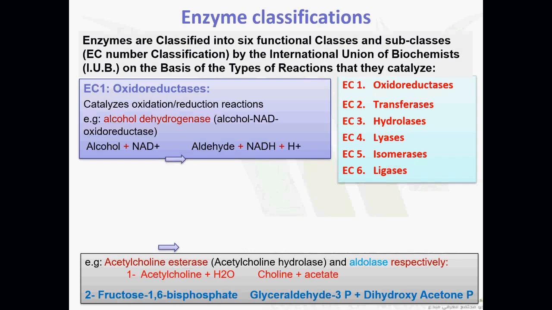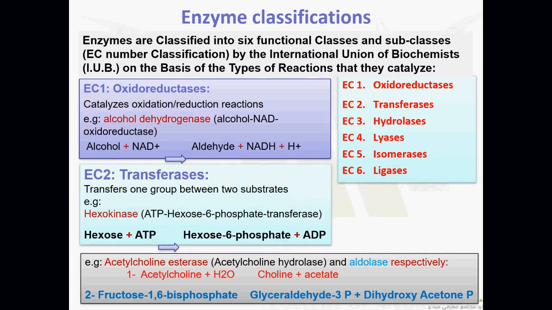So instead of saying oxidation and reduction reaction, you can find the type of reaction known as the redox reaction. It indicates the same, because whenever you have an oxidation reaction, there must be a reduction of another substrate. So this is an example for the first class.